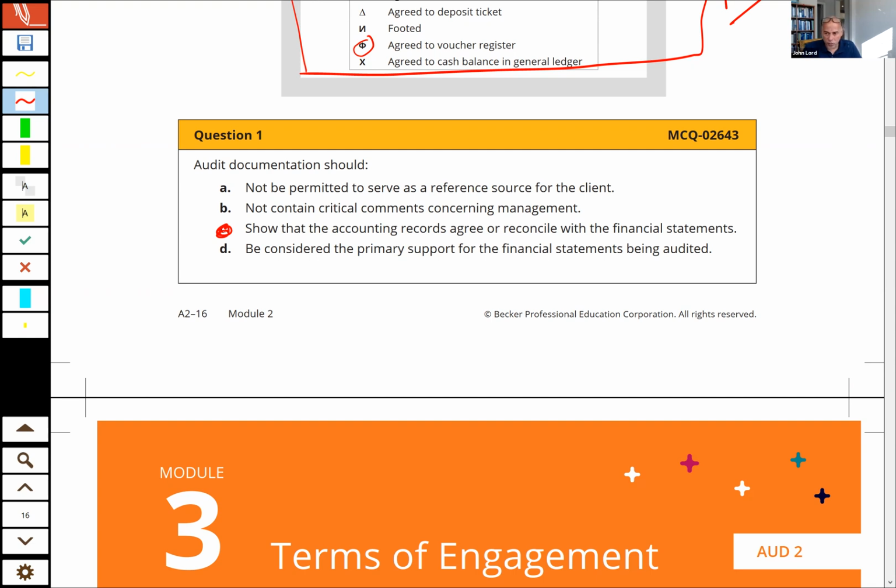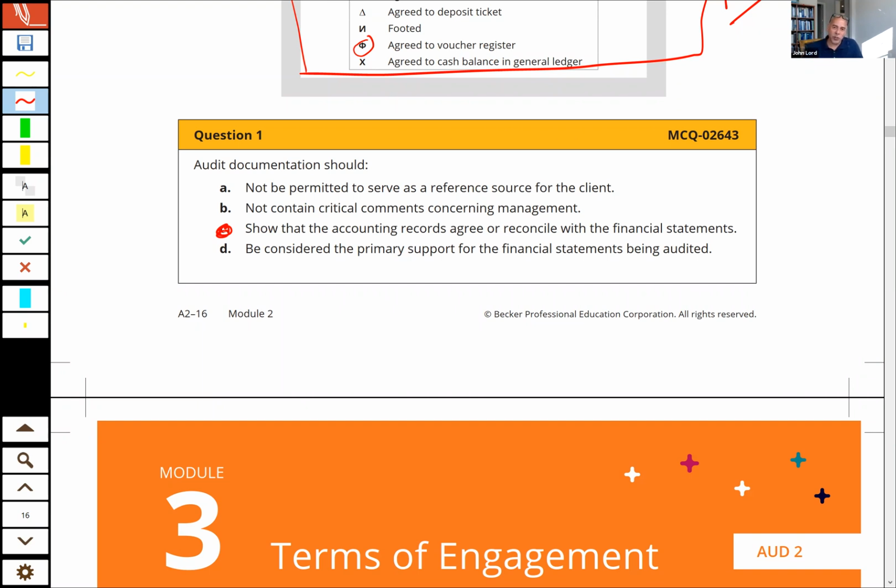Showing that the accounting records agree or reconcile with the financial statements. Yes, okay, that one didn't have the word not in front of it, so yeah, we can do that. Be considered the primary support for the financial statements being audited. Okay, good. What happens? The work papers, your audit documentation, support your opinion.